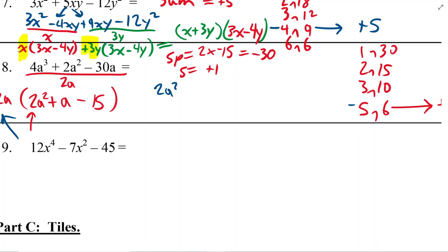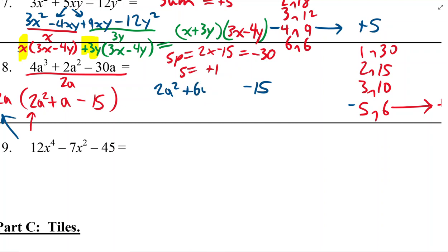So I will get 2a squared minus 5a plus 6a. Does it matter which one I put first? No. Those can switch. It does not matter one little bit which one goes first. Which one are you going to write first, Luke? Sounds good. I'll switch mine around just to prove.